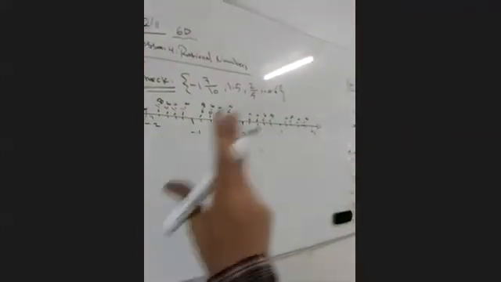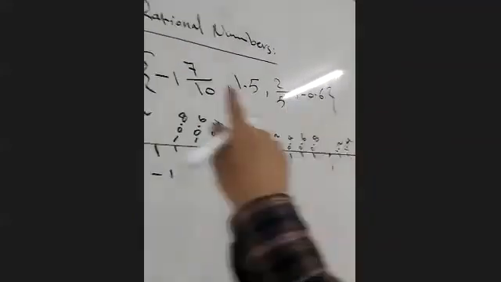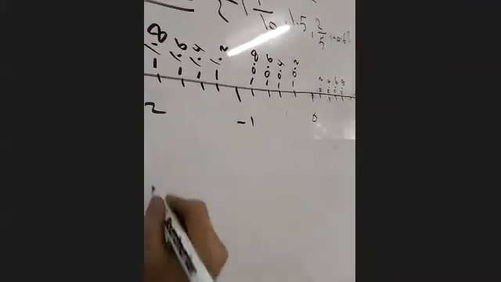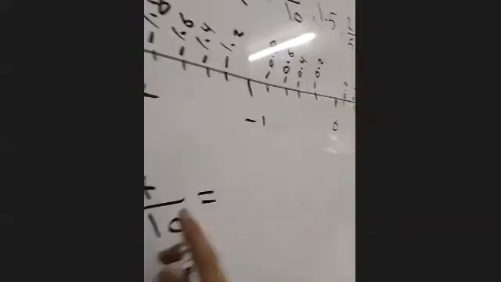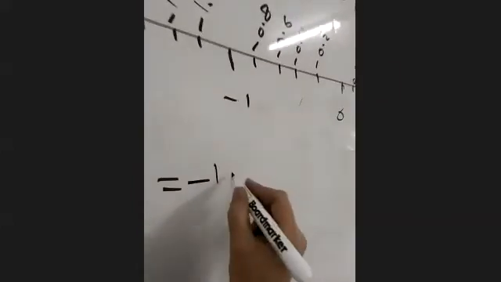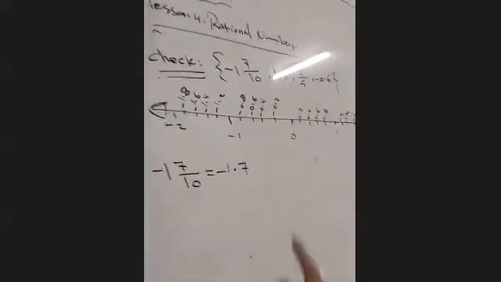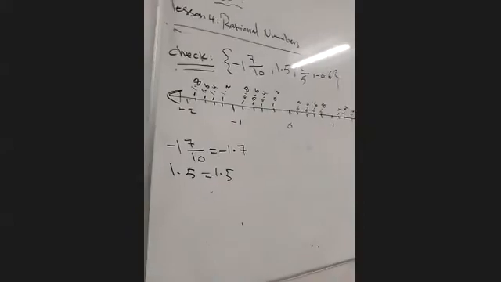Done? Done. Now let's take each number of them from the group here and turn them to decimal. -1 and 7/10. How do we turn it to decimal, guys? The -1 is already -1. 7/10 is 0.7. Now 1.5, it's ready. It is already decimal.